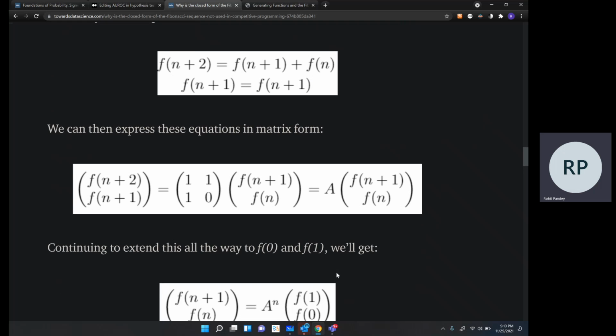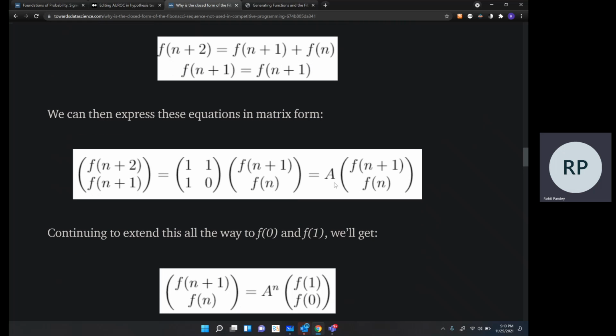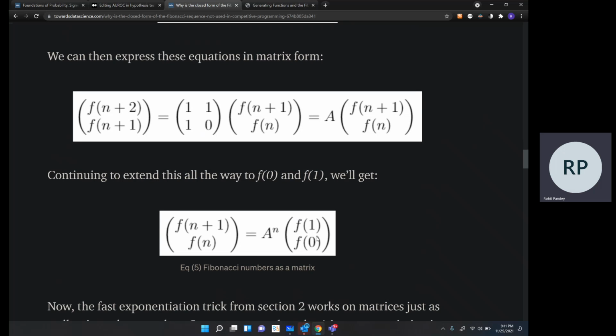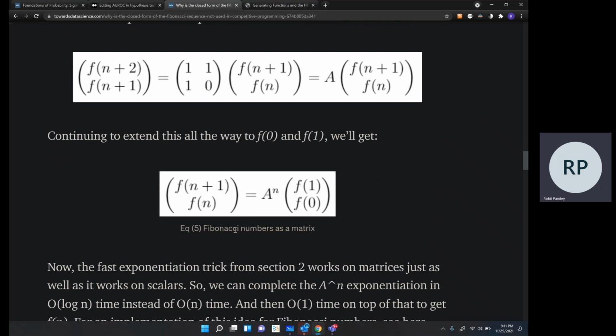Then you can apply the same trick to this guy. You can go down to f n and f n minus 1 with another A, and that will become A squared. If you keep doing that, you'll end up with A to the power n, and you'll go all the way down to f1 and f0. And we already know that f1 is 1 and f0 is 0. So you can get your nth Fibonacci number this way.